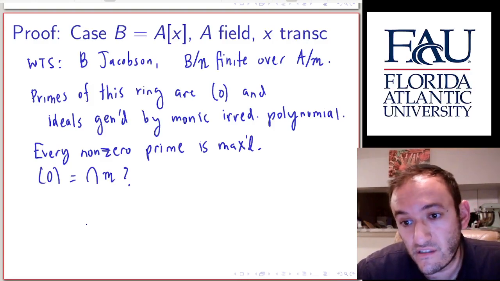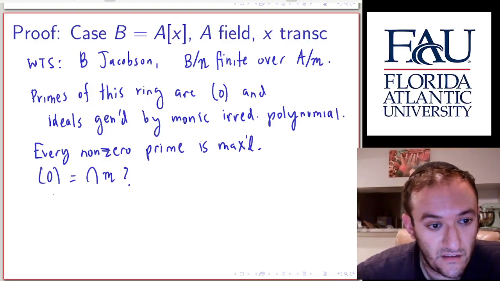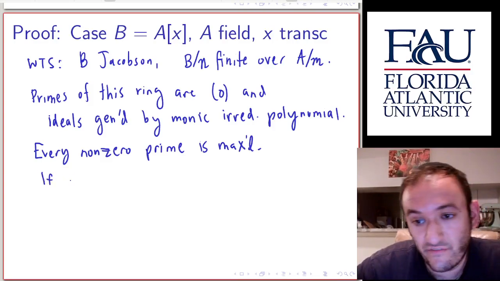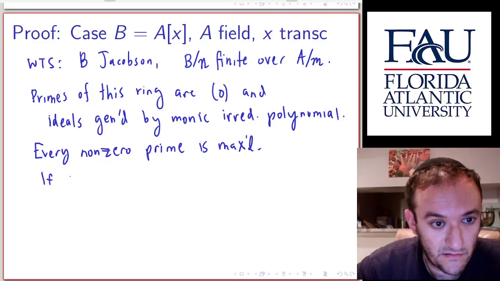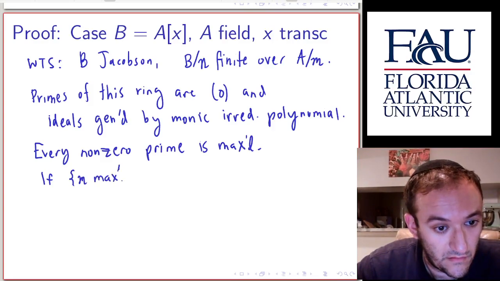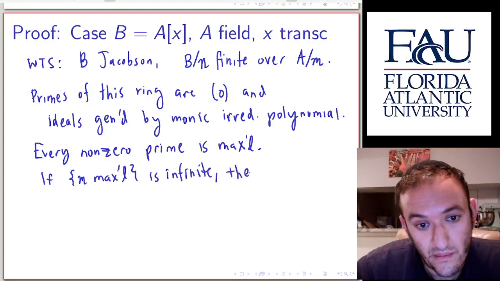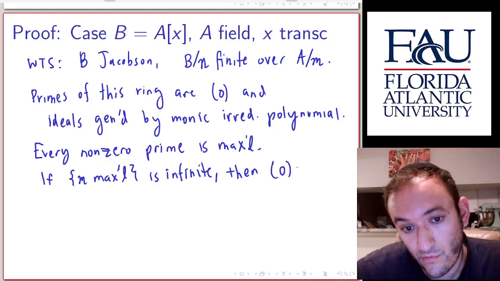Well, this would be true as long as we have infinitely many. So if there are infinitely many maximal ideals, then 0 will be equal to their intersection.